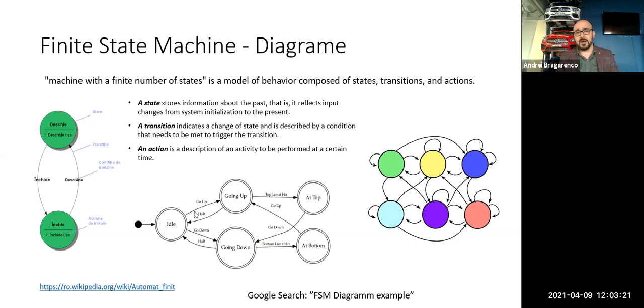This is a regular one, but we can have a very complex state machine design. Let's say we have a lot of transition control, even all states connected to each other, and we will have to define what the states are, what the actions of every state are, and what the conditions for transition between states are.